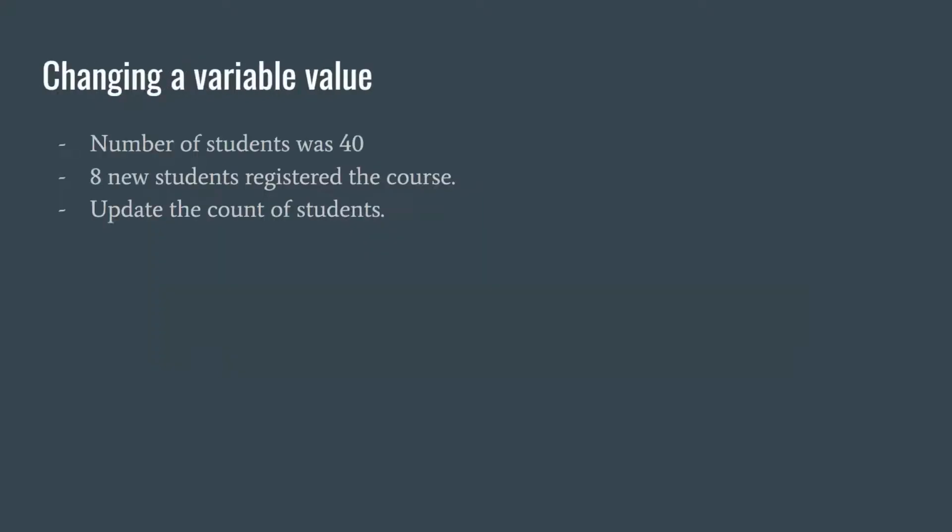Now let's solve this problem. Assume you have a variable that is storing the number of students in a class, and the number started at 40. Then we have 8 new students registering for the course. So we need to update the count of students in the variable. Let's move into Jupyter.